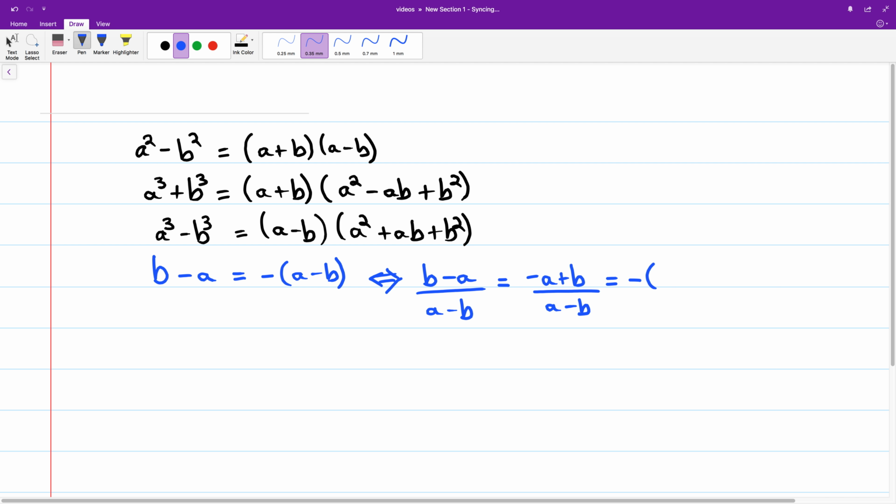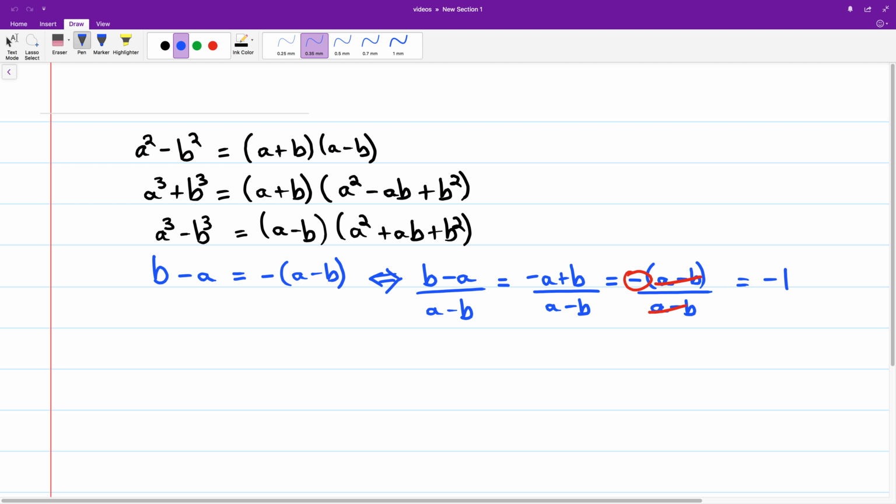And if I draw out the negative sign, so negative a is going to be the opposite sign of a, plus b will be the opposite sign of minus b, and we have over a minus b. And if you notice, the a minus b's will cancel out, but you have this negative sign that is going to remain. And so in reduction, we're going to have negative 1. So if you have difference binomials with terms in switched order, you're going to have the reduction to negative 1.